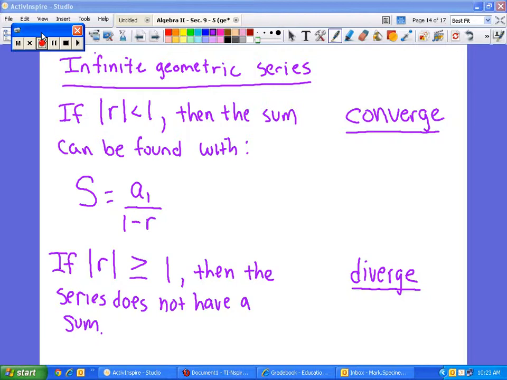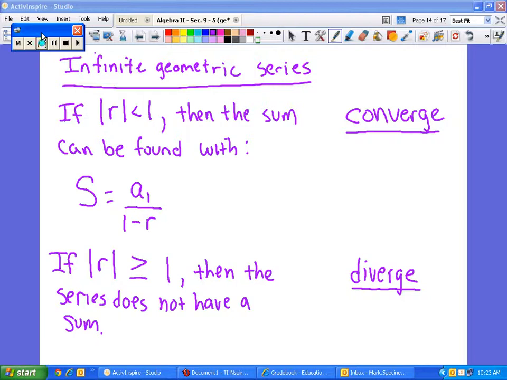First of all, if the absolute value of our common ratio is less than 1, and again, we want the absolute value. So if we find the common ratio and we find it's a negative number, we use the absolute value. So we're always going to be looking at a positive value. If that number is less than 1, then we can find the sum.